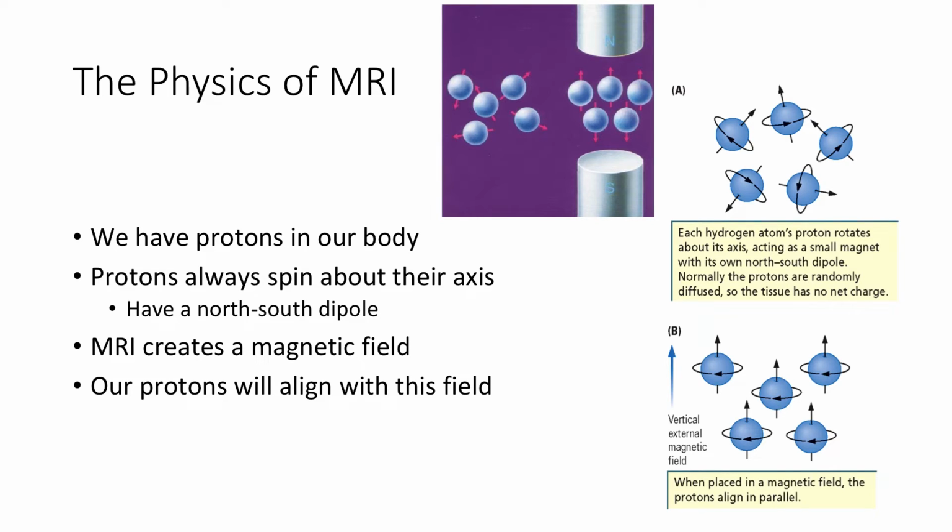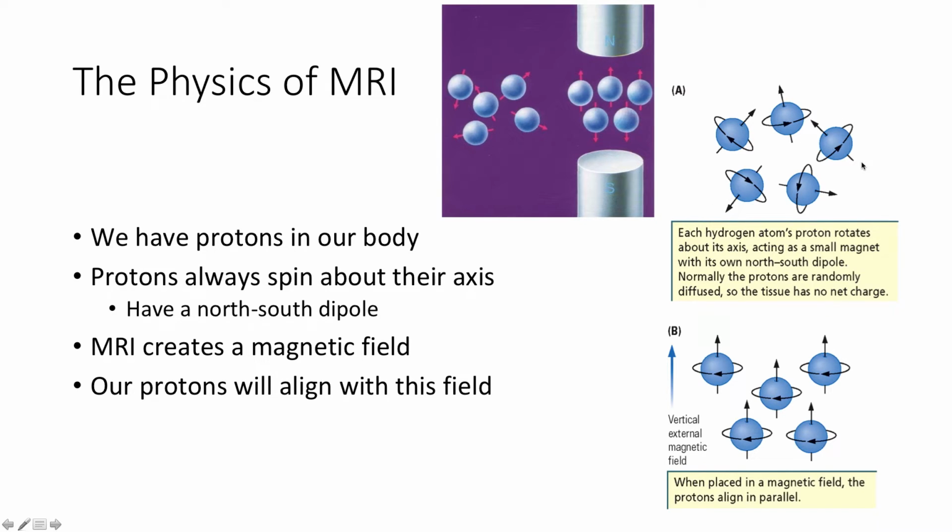Each spinning proton produces a tiny electrical current. Normally these protons are oriented at random. So a given piece of tissue has no net dipole and therefore does not have a net electrical current. You can see that right here in picture A.